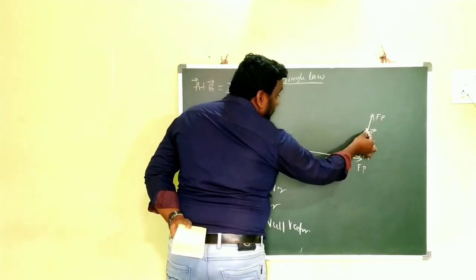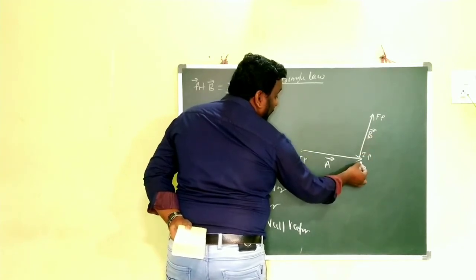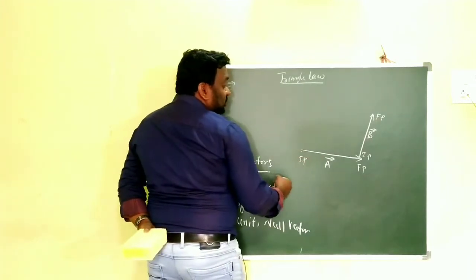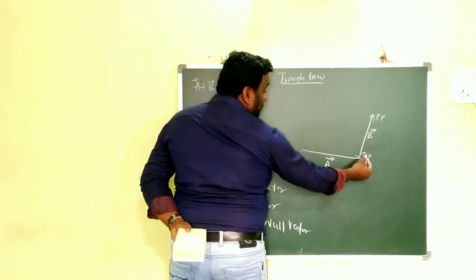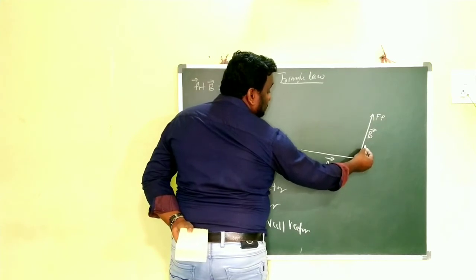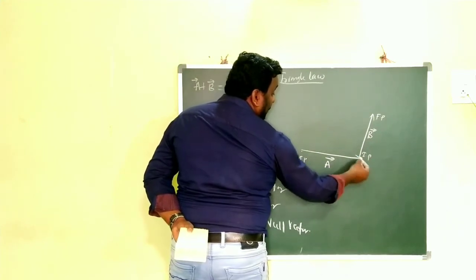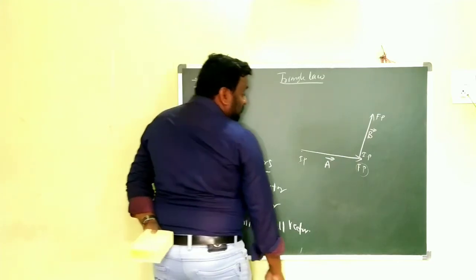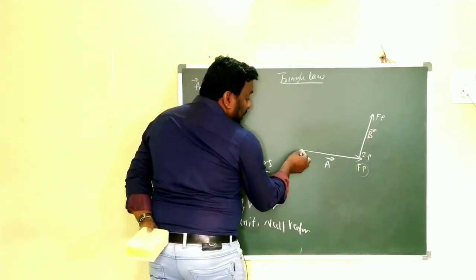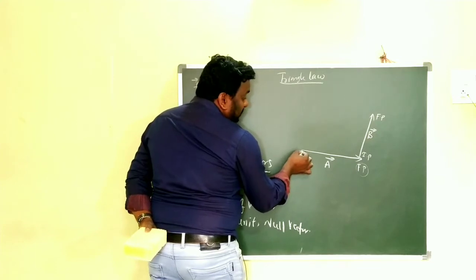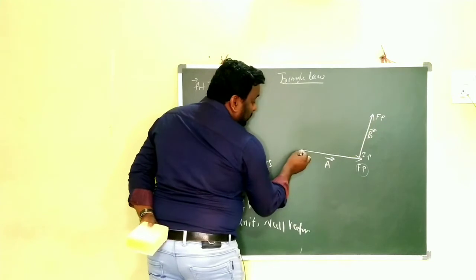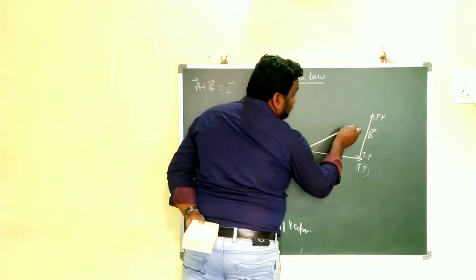The initial point of the second vector must be joined to the final point of the first vector. Clear? In addition of vectors, the initial point of the second vector must be joined to the final point of the first vector. And after that, finally, we have to join the initial point of the first vector and the final point of the second vector with another vector.